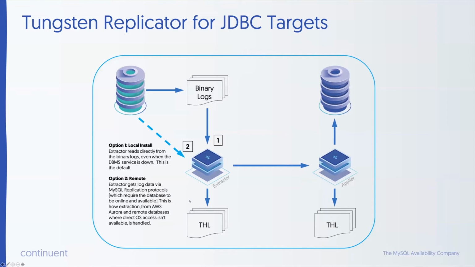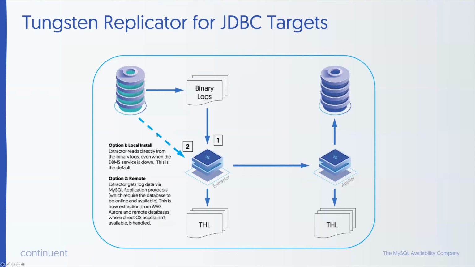And the beauty of THL is because it's our own native format, we have that flexibility of being able to transfer it and convert it into statements and data that is applicable to the target that we're applying into, hence why we're able to be quite so powerful with our heterogeneous capabilities. You see here we have two slightly different lines. We have obviously from the database to the binary logs to the extractor, and then we have this blue line.